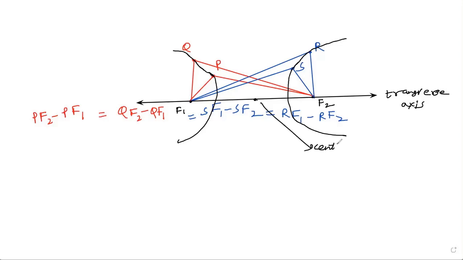And the axis which is passing through the center and perpendicular to the transverse axis, we'll call the conjugate axis. So this is basically our basic idea regarding the hyperbola.